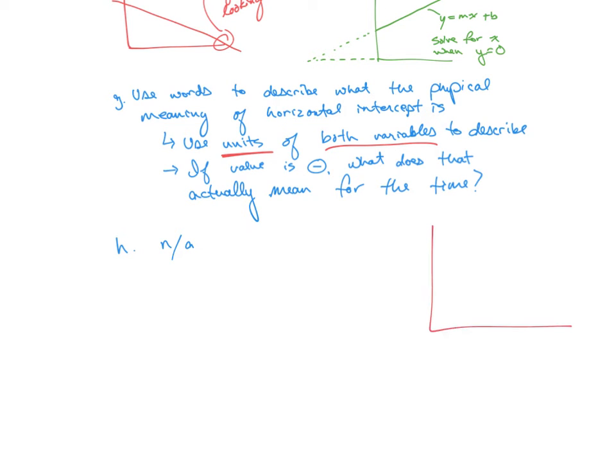So, if your graph looks like this, which direction is the car moving? Away from the detector, right? If you use the motion detector, this one is moving away. What does this mean? Let's say this value is negative 2.6 seconds. It's just before you started recording the time.